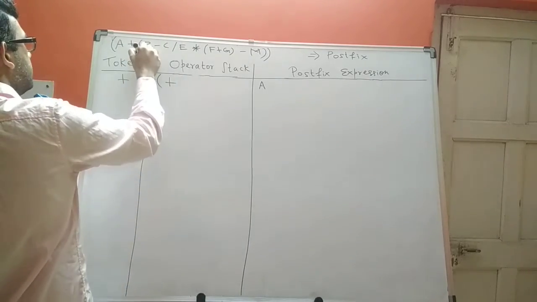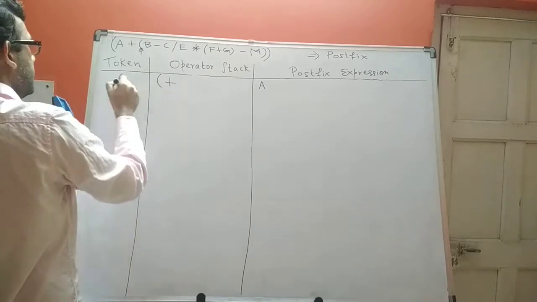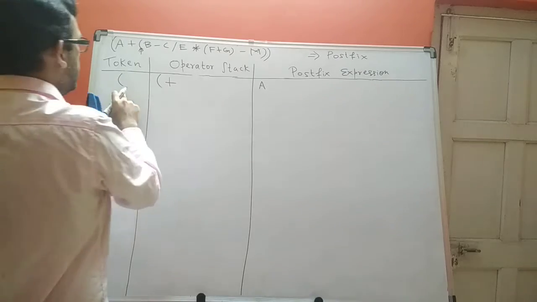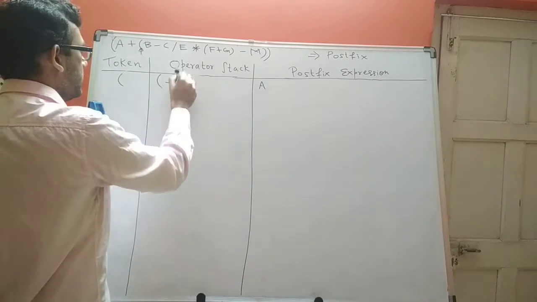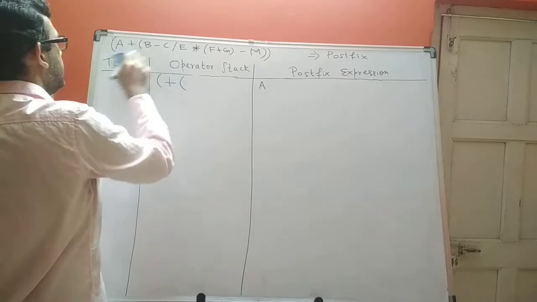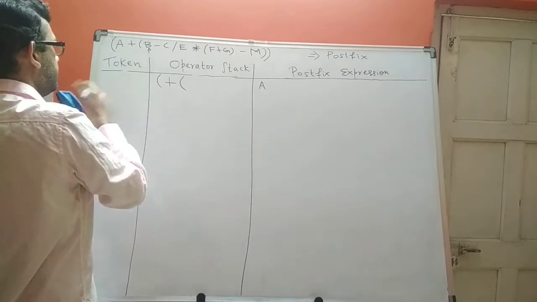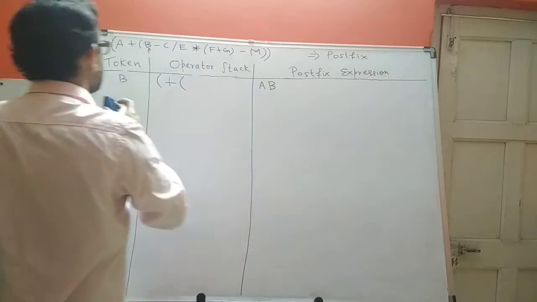Next I have again opening parenthesis as my current token. Now when opening parenthesis is my current token, it has the highest precedence, so it has higher precedence than plus. So I'll push it onto the stack. Next comes B. My current token is B. It is an operand, so I will add it to the output.